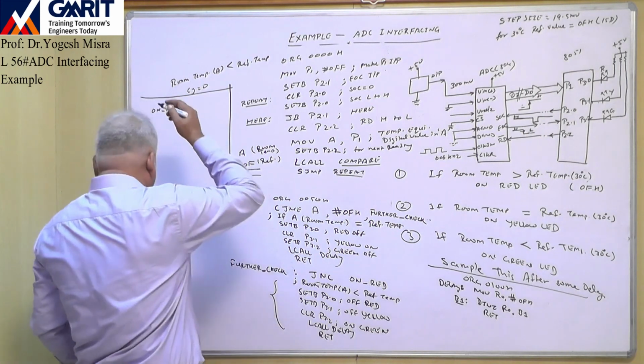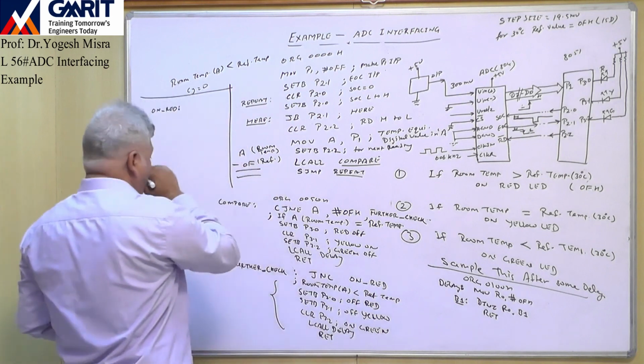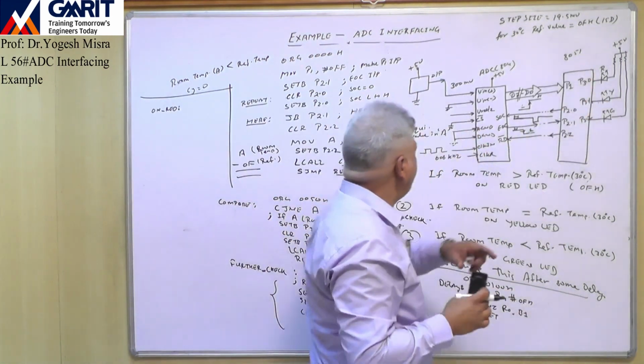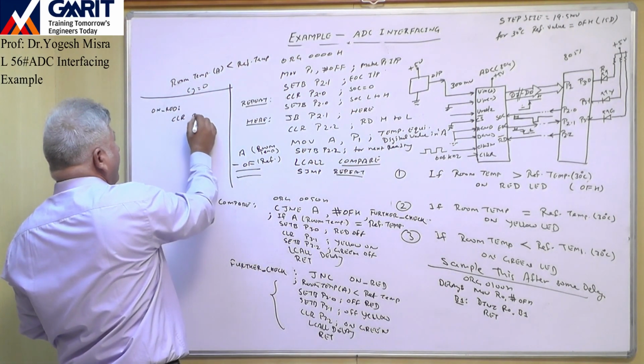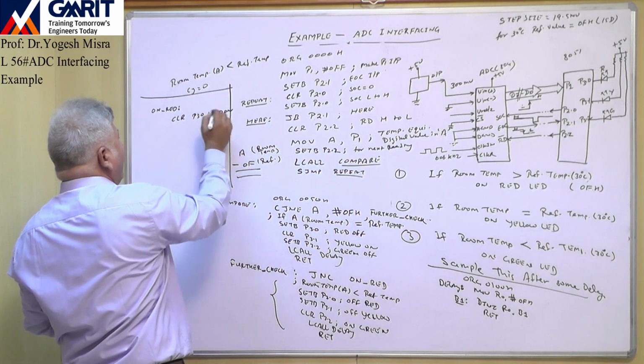After this, here we write the instructions to turn the red LED on. Red LED is P3.0, so write CLR P3.0, red on.